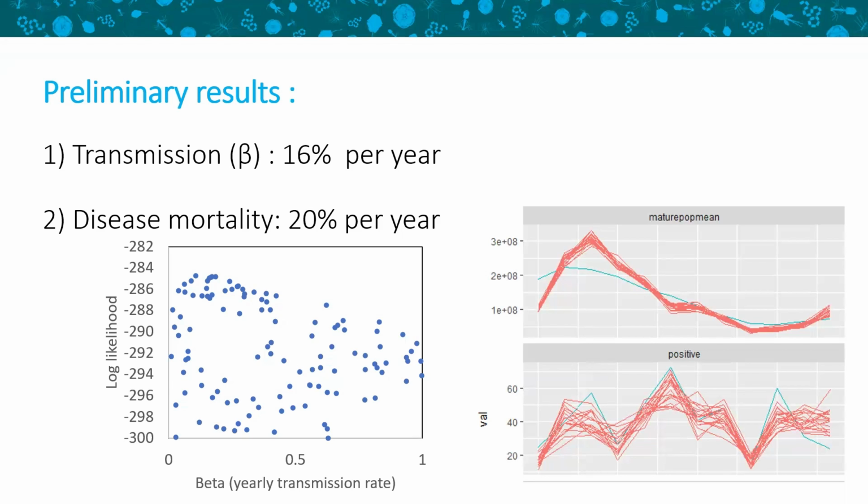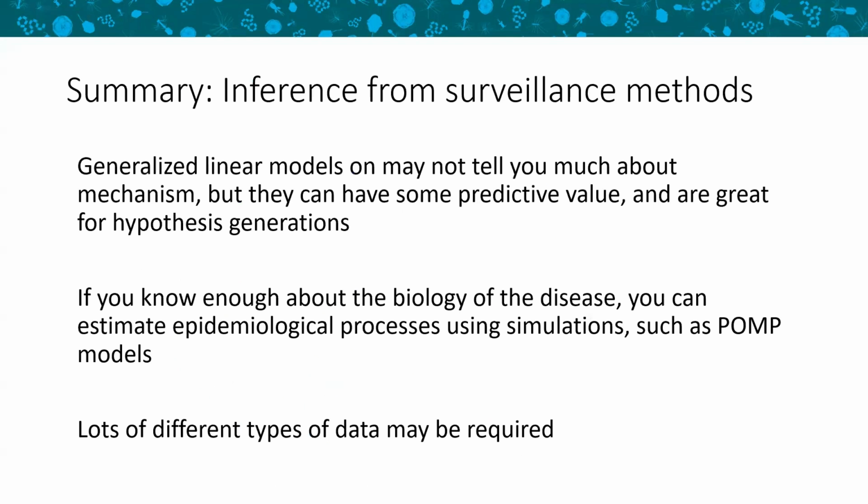So to summarize, we have the surveillance data. We can use these linear models to tell us some prediction and some correlation between different variables, but they don't really get at the mechanism. But if we add what we know about the biology of the disease, you can start estimating these really important mechanistic parameters using simulations and approaches like the partially observed Markov process model.